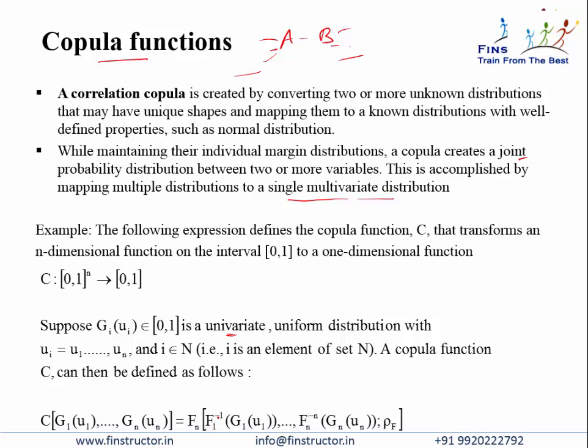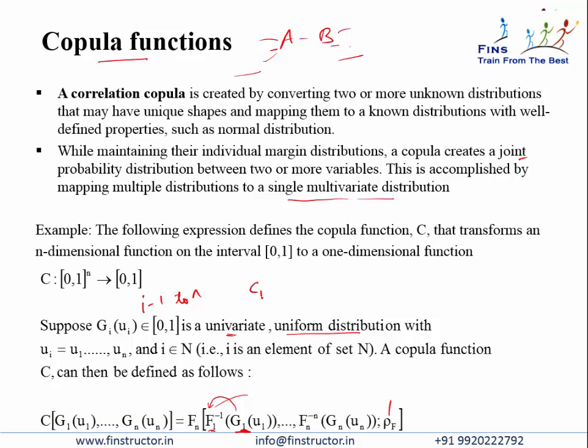So remember, the first step is mapping this unique distribution. In this case we've taken the example of a uniform distribution. So the first thing we do is to map it onto the cumulative normal distribution, and then we estimate the correlations between the different variables, the variables i from 1 to n.